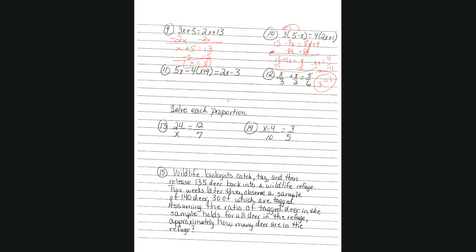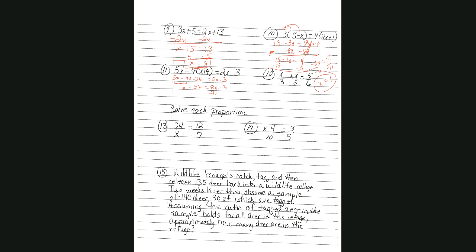All right, number 11. We're going to distribute first the 4 to everything. So this will be 5x minus 4x, and then minus 36 is equal to 2x minus 3. 5x minus 4x is 1x minus 36 equals 2x minus 3. Then we're going to bring 2x over to meet the x. Well, actually, you can do the x too. It doesn't matter.